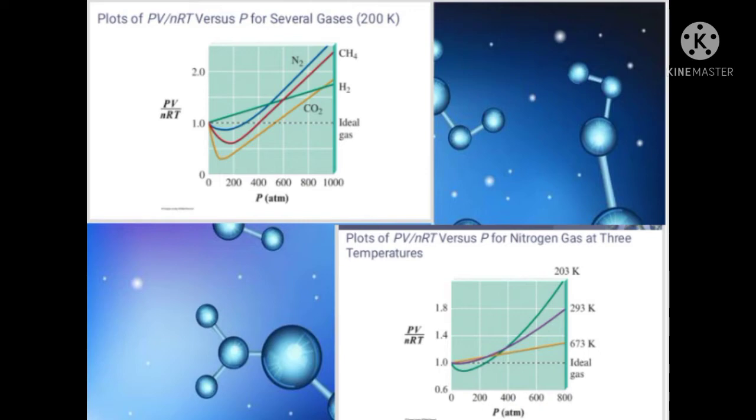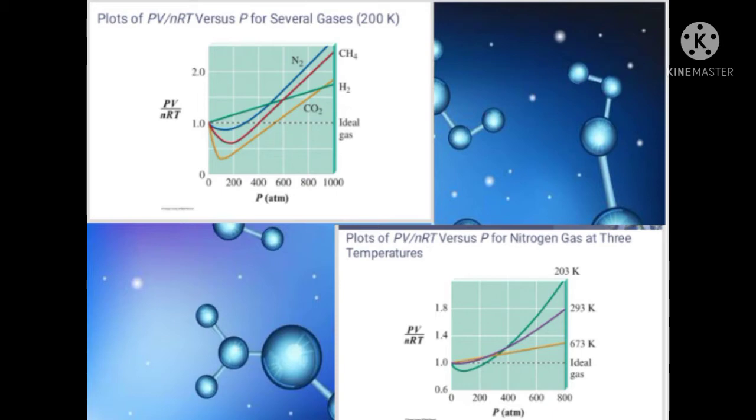And we have here the graph. In the graph, we have PV over nRT with 0, 1.0, 2.0, and on the lower part we have P in atm: 0, 200, 400, 600, 800, 1000. And as you can see, the ideal gas is level at 1.0.